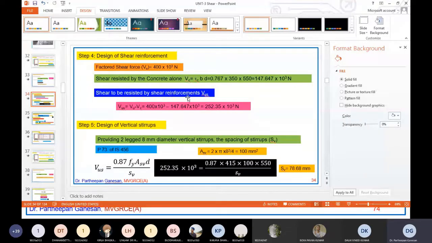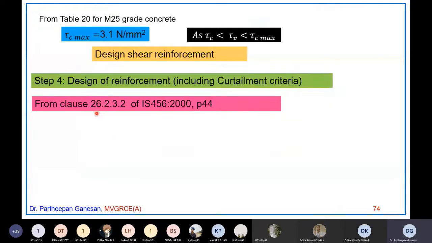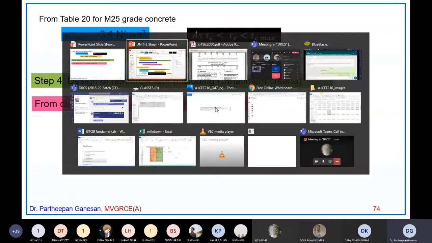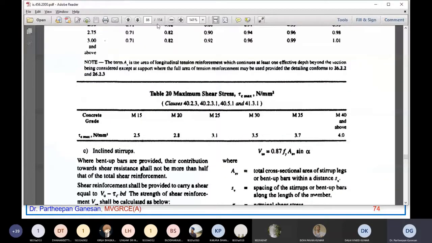Shear to be resisted by the shear reinforcement, Vus equal to Vu minus Vc. And this Vus is used for finding out the shear reinforcement. But when there is a curtailment involved, you have to use this 26.2.3.2, IS 456 2000, page number 44. So I am going to that particular section, 44.